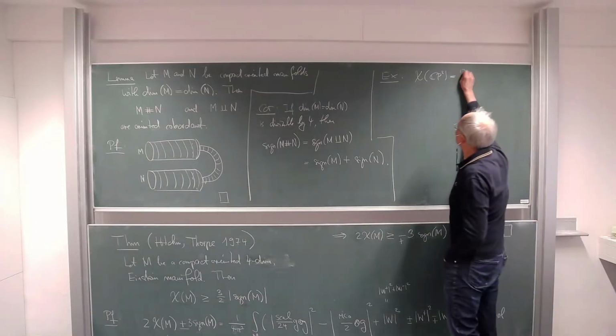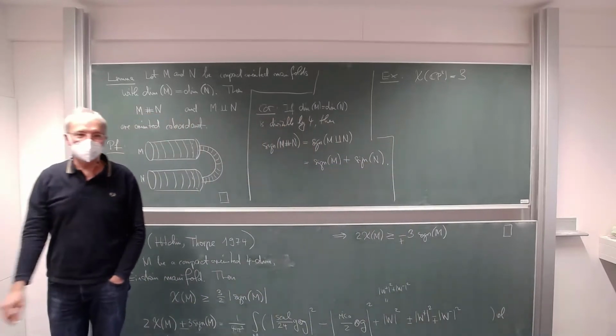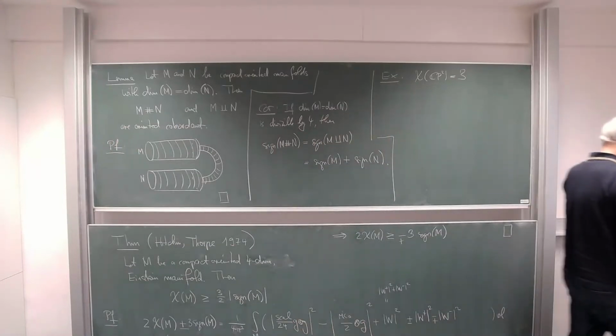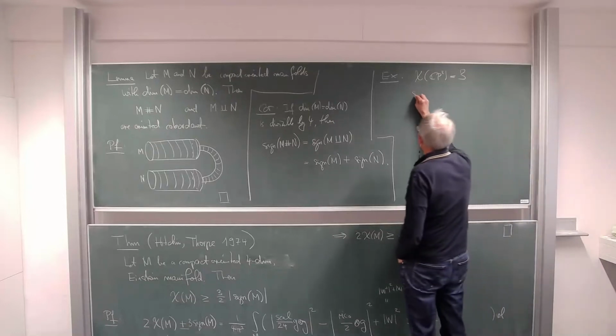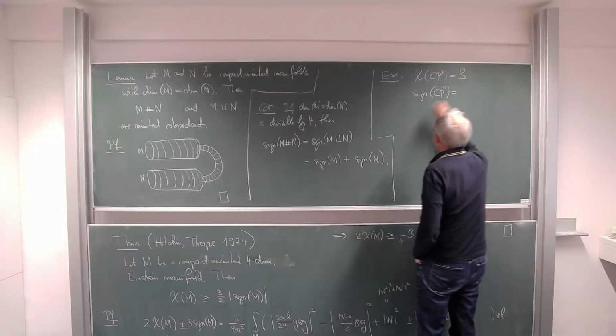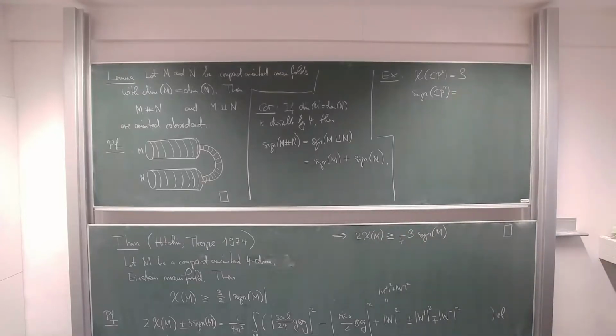Yes. It consists of a 0 cell, a 2 cell, and a 4 cell in the cellular decomposition. Yes, indeed. So that's the Euler number, and what's the signature of CP2? With the standard orientation induced by the complex structure.